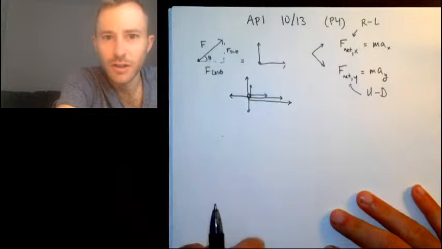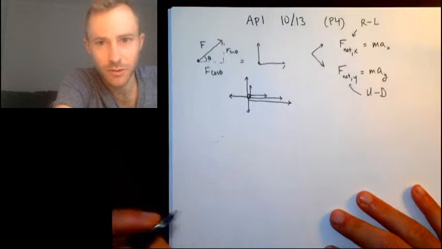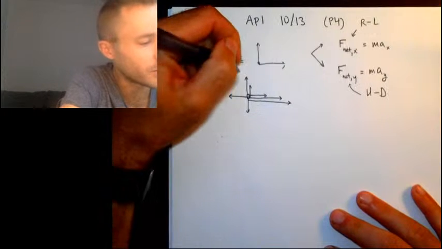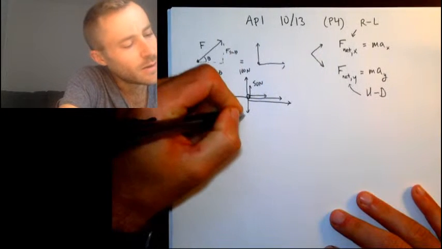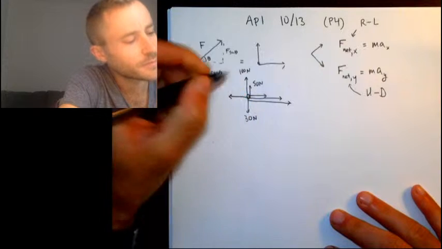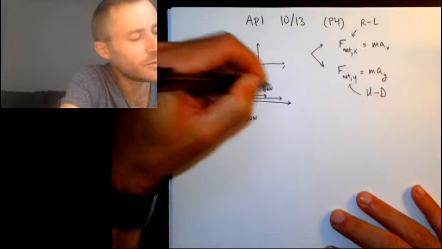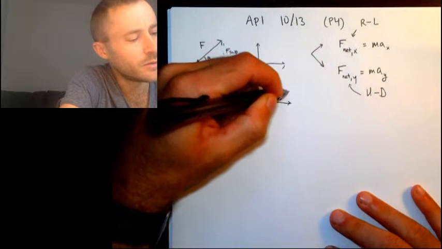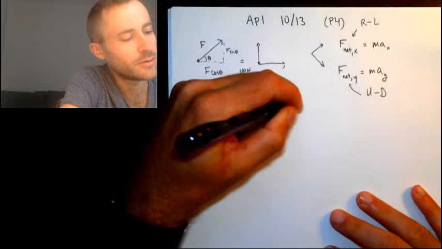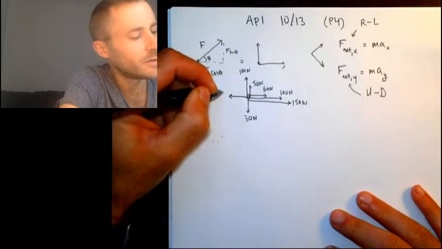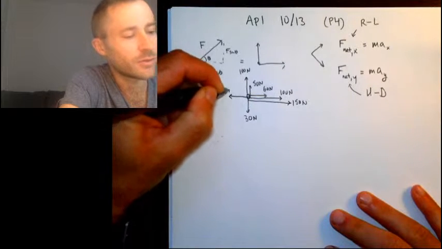Let me give these forces some random numbers: 100 newtons, 50 newtons, 30 newtons, 60 newtons, 100 newtons, 150 newtons, and 80 newtons for this one.